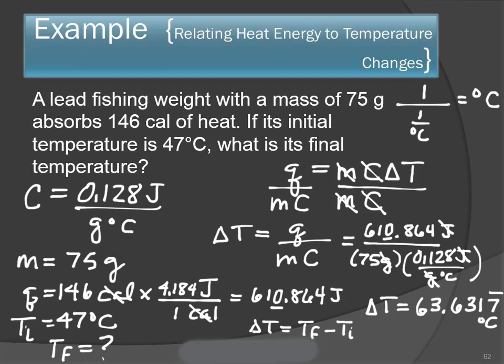So if I add Ti to both sides, minus Ti plus Ti equals 0, right? And so that goes away. The final temperature equals the initial temperature plus the change.